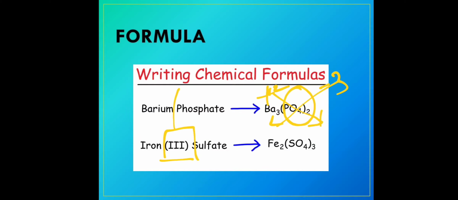So wherever we come across variable valencies, we need to write the number in capital Roman numerals in brackets after the name of the metal. They are mostly metals that have variable valencies.